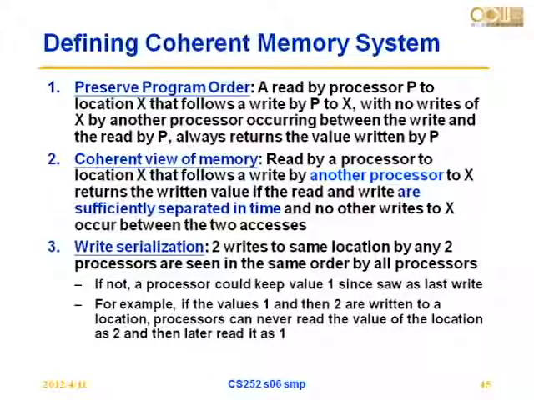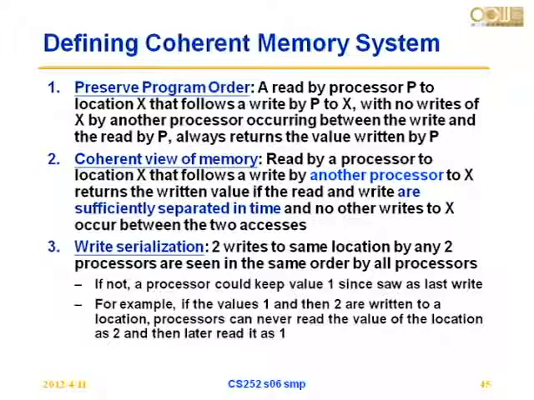Defining a coherent memory system, concentrate on coherence only. Preserve program order: a read by processor P to location X that follows a write by P to X, with no writes to X by another processor occurring between the write and the read by P, always returns a value written by P. Very awkward, even when reading it. Okay, so go home and read it carefully.